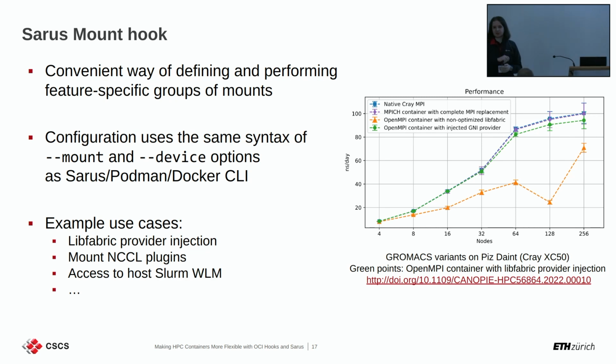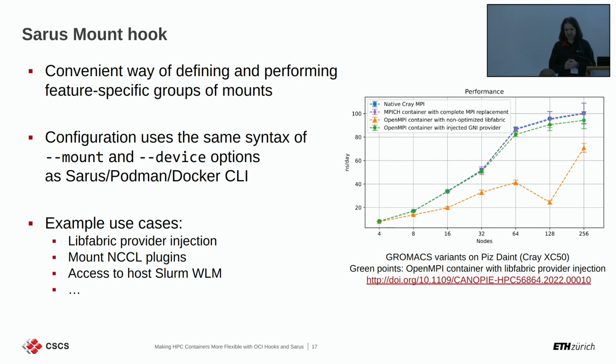Through the mount hook, you can expose this feature through a single switch to the user, or maybe even no switch at all, and have it always be active. The configuration of the mount hook uses the same syntax as the mount and device options that you might find in Sarus, Podman, or Docker. So if you know how to use the Docker and Podman CLI, you pretty much know how to configure this hook.